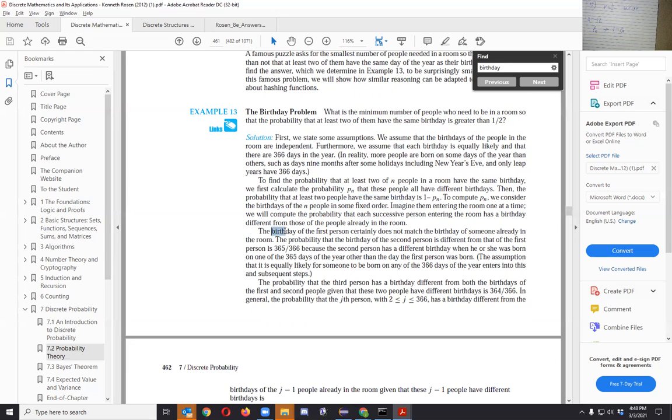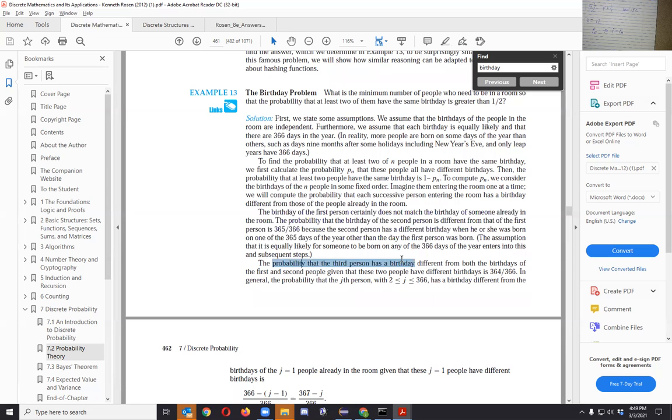Okay, the first person does not match any birthday of somebody already in the room. The probability of the second person matching the first is 365 out of 366, because the second person has a different birthday when he or she was born on one of 365 days other than the first person was born.